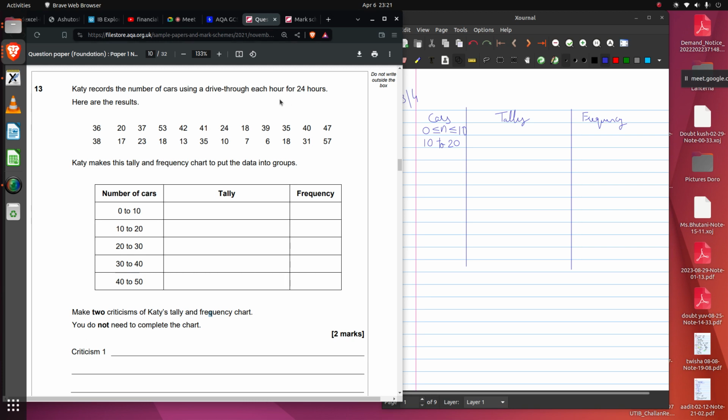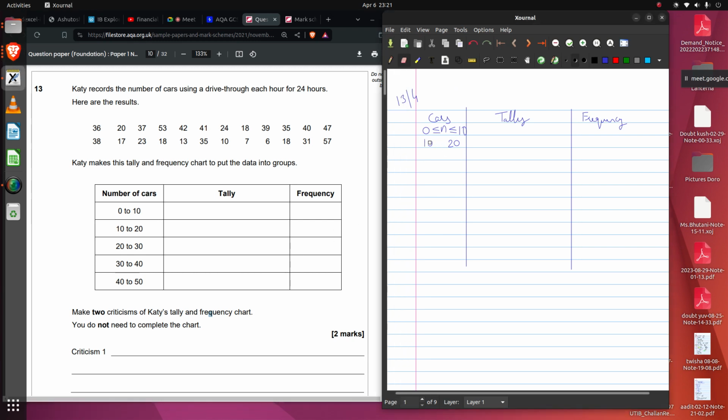So how do you write the criticisms properly? You should specify whether it has inequalities.